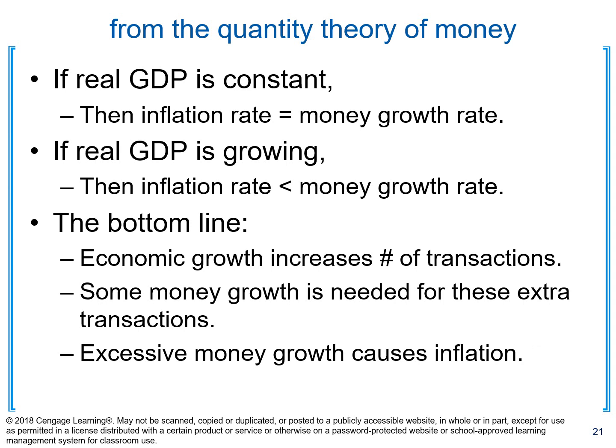So from Milton Friedman's version of the quantity theory of money, we can say that if real GDP is constant, then the inflation rate is the same as the growth rate of money supply. If real GDP is growing, then the inflation rate is less than the money growth rate, right? In this case, supplying more money is good because real GDP is growing. How can we make real GDP grow by supplying more money?